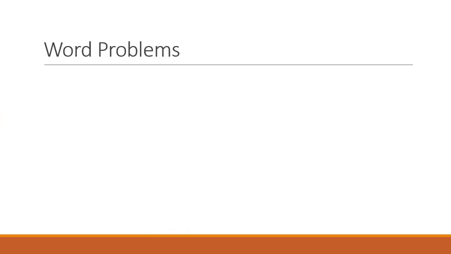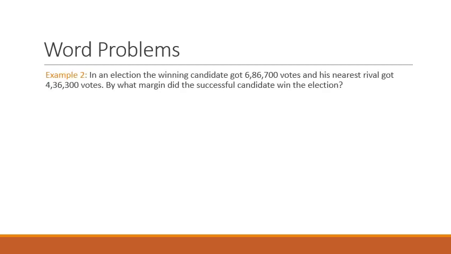Now let's see another example. Example 2. In an election, the winning candidate got 6,86,700 votes and his nearest rival got 4,36,300 votes.